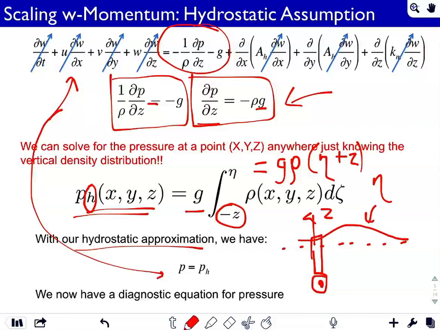But pressure is an unknown variable, and we had no way of determining pressure prognostically from the equations. By making the hydrostatic assumption, once we have the density field and the free surface height, we can determine instantly, with a simple algebraic relation, the hydrostatic pressure anywhere in the fluid. It's instantaneous, and all that comes from the assumption that the pressure comes only from hydrostatics, which is almost entirely true. And at these scales, it's a perfectly valid assumption.